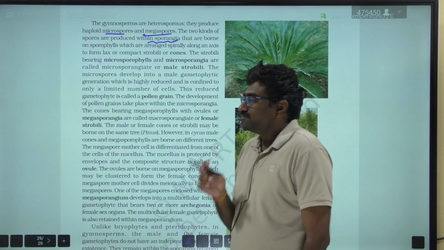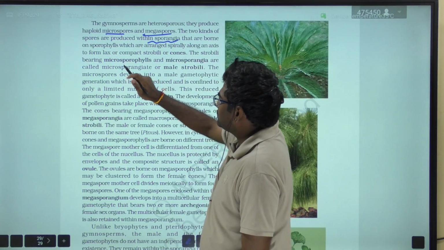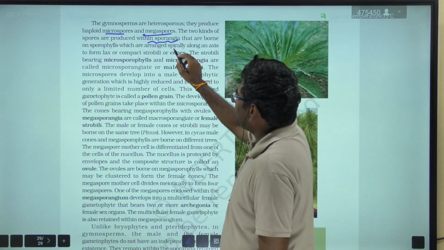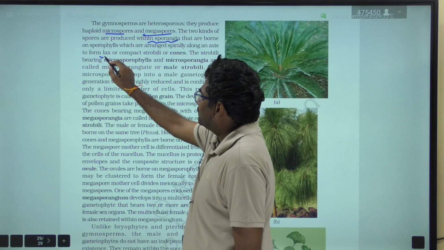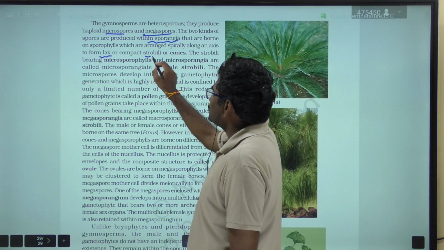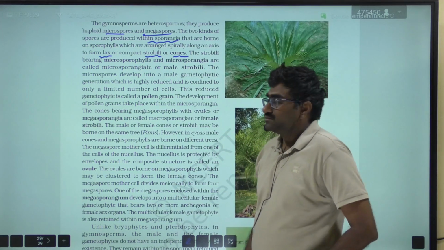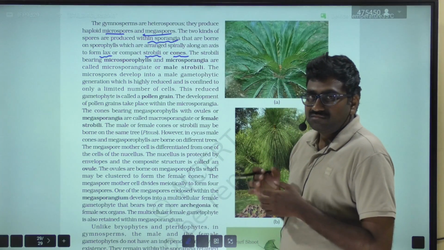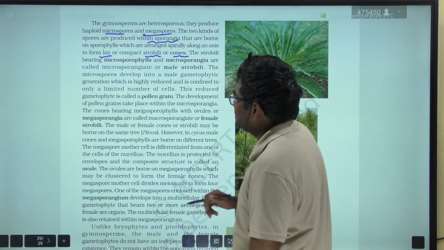The sporangia are borne on sporophylls, which are arranged spirally along an axis to form lax strobili or cone. The cone may be called strobili or lax, very important.